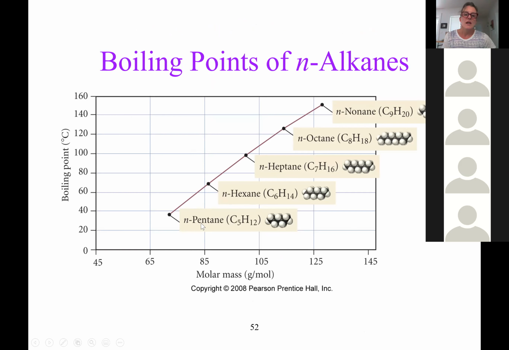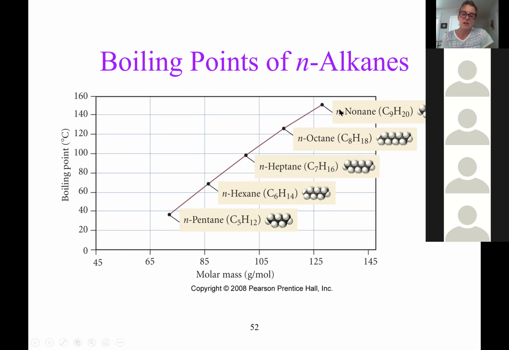Pentane has 5 carbons and its boiling point is about 35. Nonane has 9 carbons and its boiling point is about 150. That's because the molecules have more surface area to interact, so there's more dispersion force between two molecules when they're bigger.